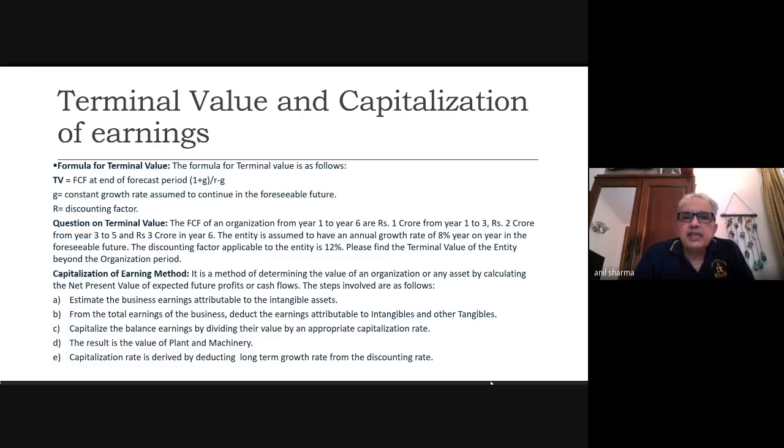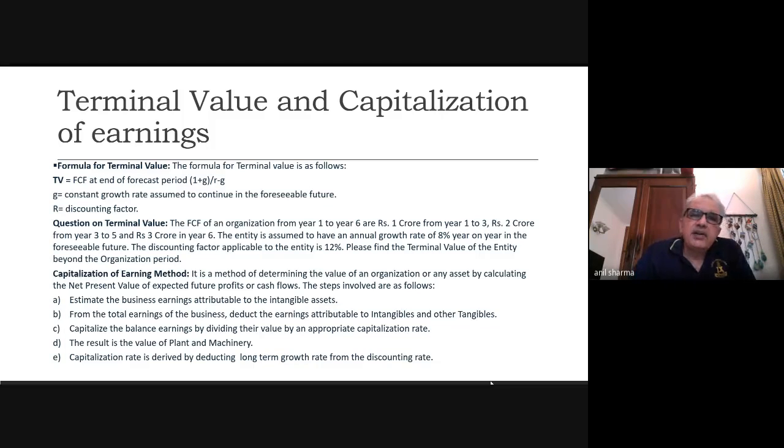So 1 plus G, the rate of growth is 8%, so 1.08, divided by R minus G, which is 12% minus 8%, which is 4%.